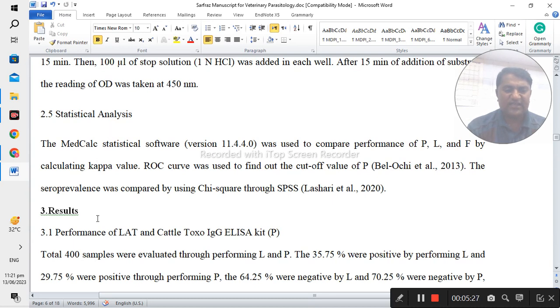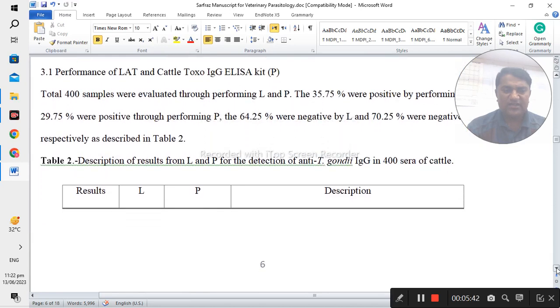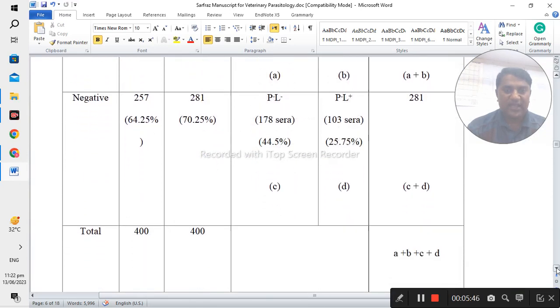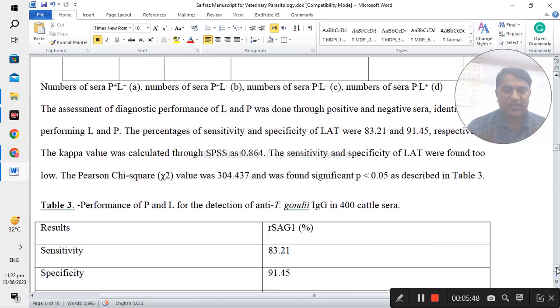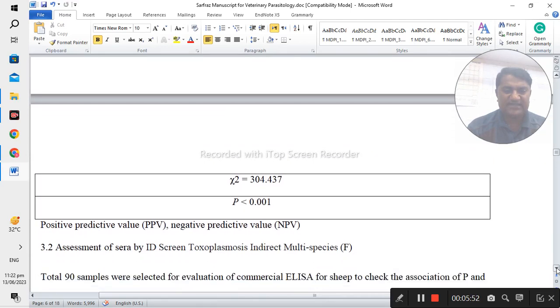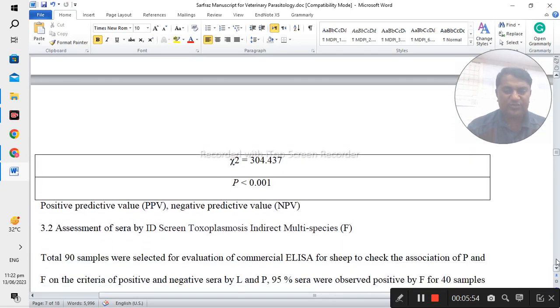Then come the results: after applying the methods, you got different types of results. You should elaborate the results in the original research paper in the form of different tables, and different types of figures can also be put in the results that you have obtained.